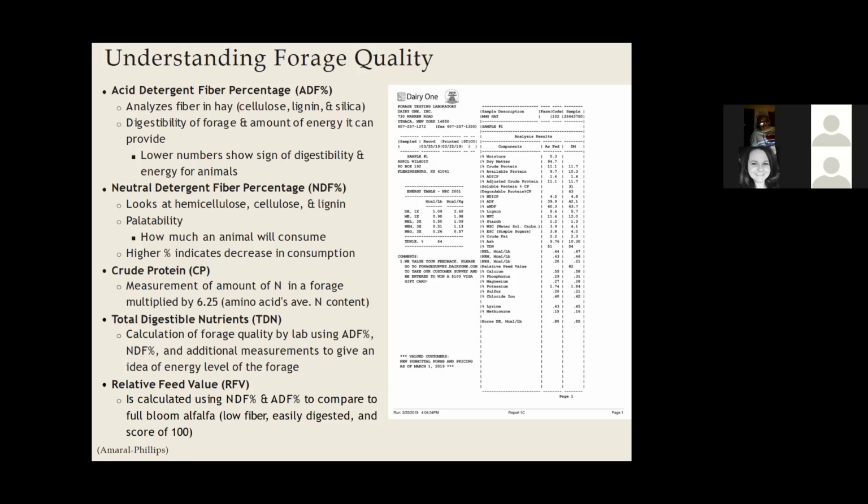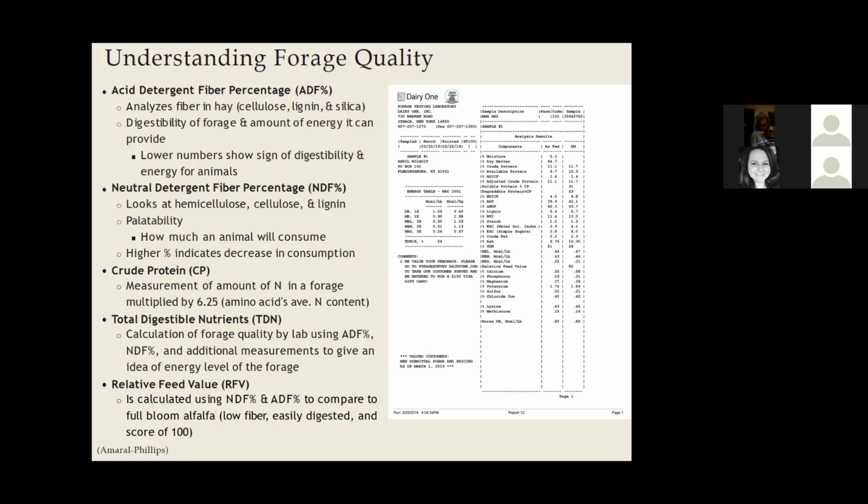So if we have a hay product that is high in fiber, such as a mature hay, the animal will not be able to consume as much. So that is a limiting factor if they cannot eat as much of the product. And if it has lower energy, they're going to have a double whammy because it doesn't contain as much energy and they can eat only a small amount.